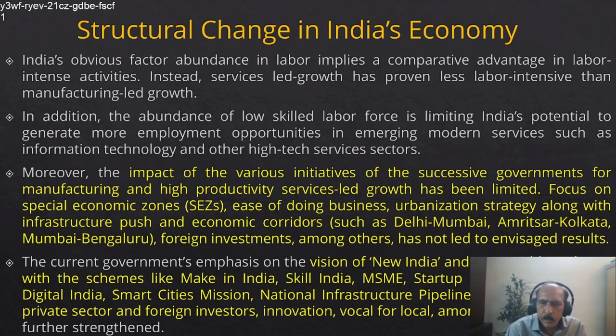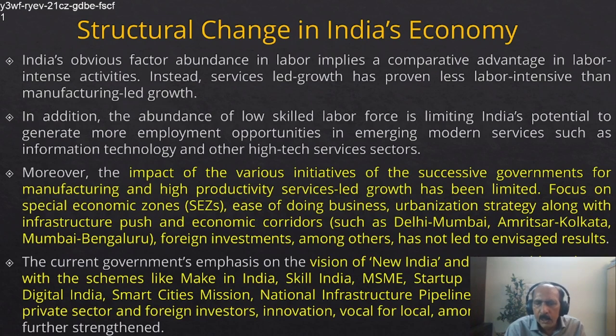We also implemented Startup India, Stand Up India. We have implemented the Digital India. We have implemented the Smart Cities mission. We have implemented the National Infrastructure Pipeline, a scheme under which the infrastructure sector has been allocated huge funds for developing the various infrastructure projects.